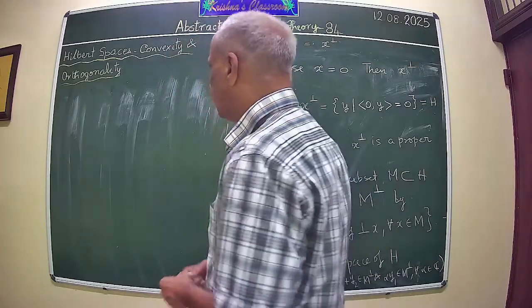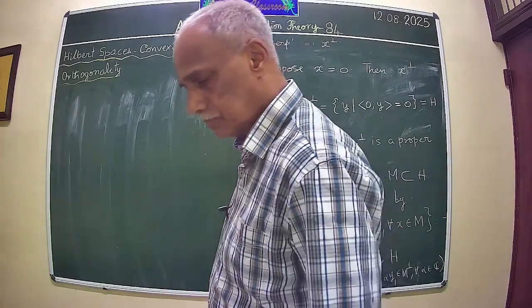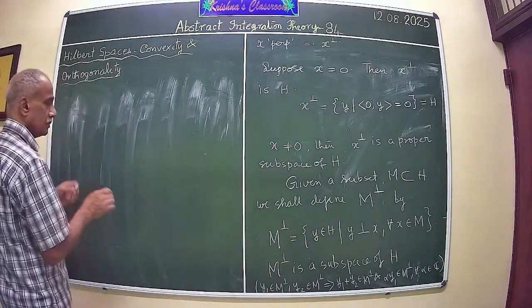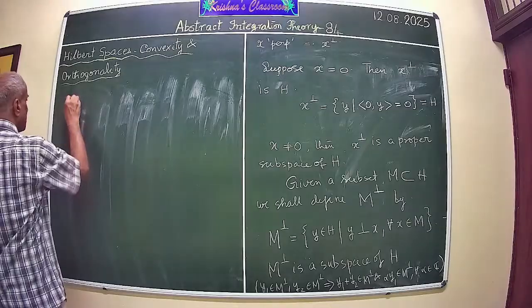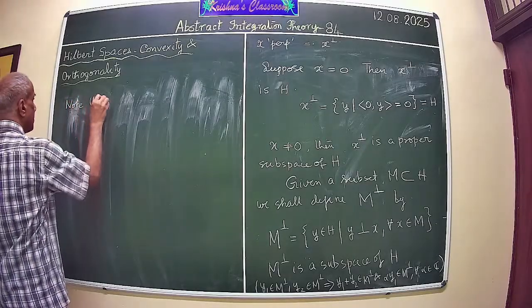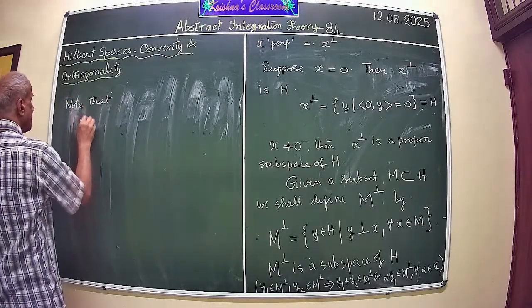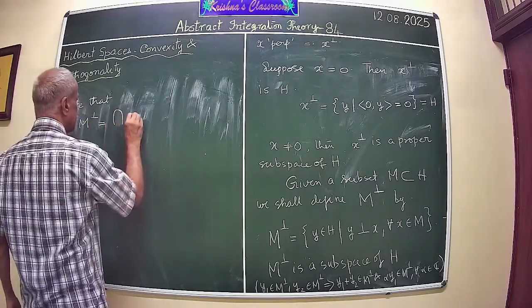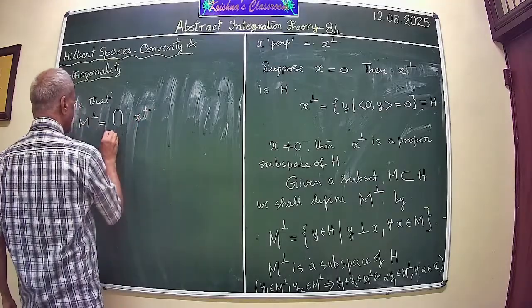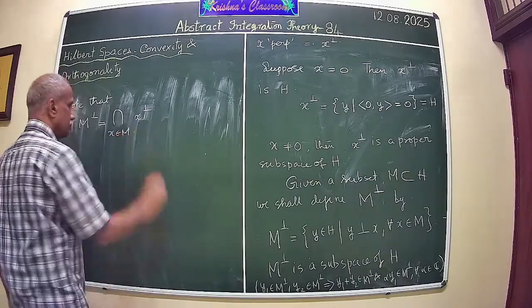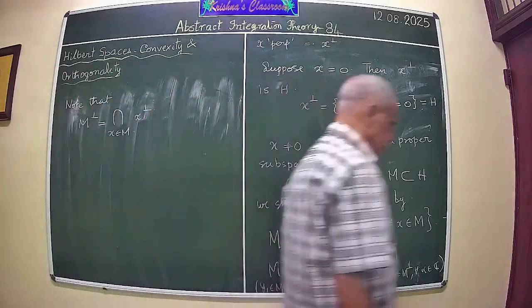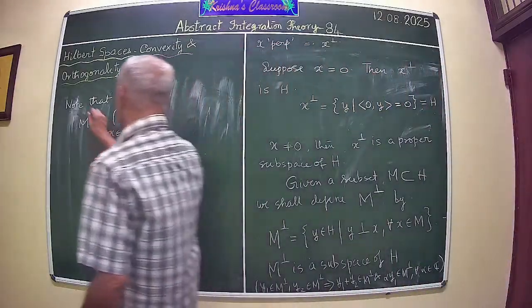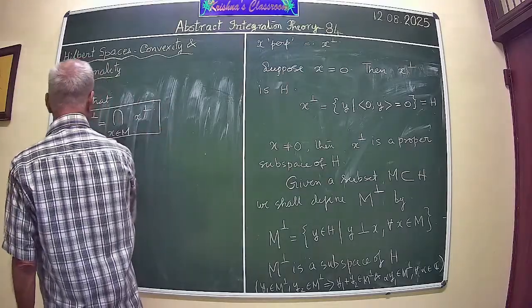But this can also be written as the intersection of x perp for x belonging to M. Now this is quite easy to show.